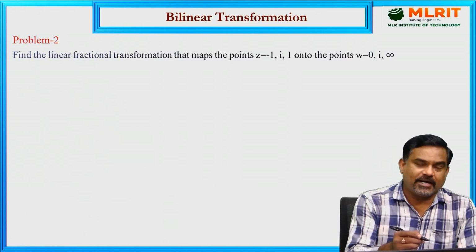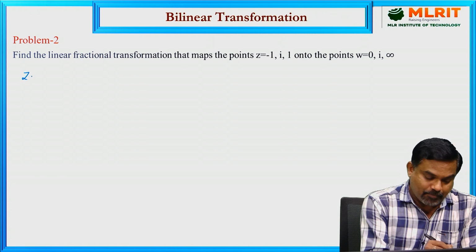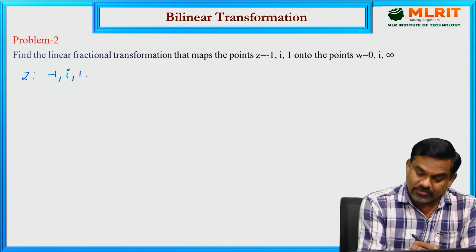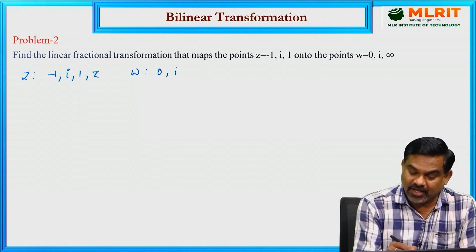Similarly, let us consider another problem. So here the z points are given: −1, i, 1. I will consider the last point as z, and the w points are 0, i, infinity, and w.